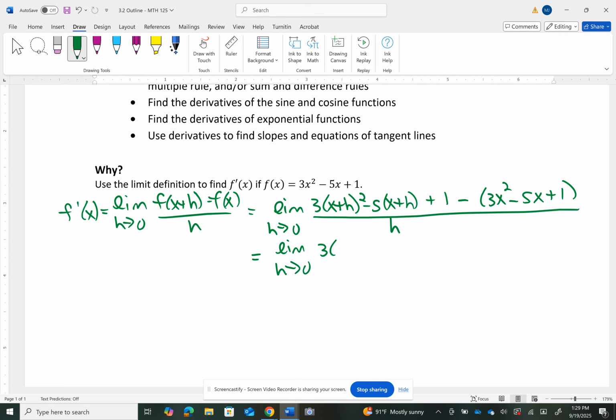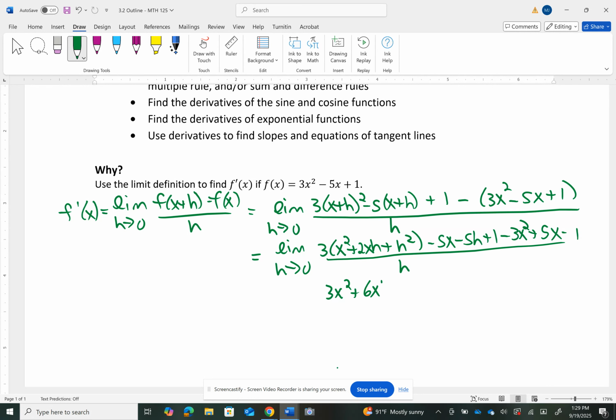So we multiplied out the x plus h times itself. We distributed the -5 and the negative in front of all of this, which would change these signs. Then I'm going to distribute that 3 and bring along all the rest of this.